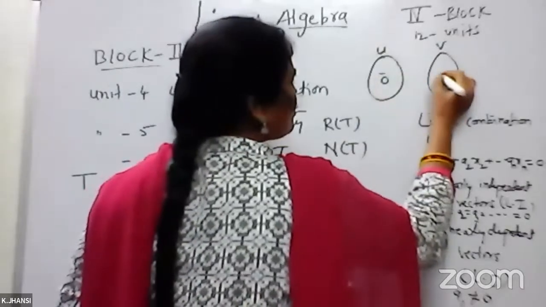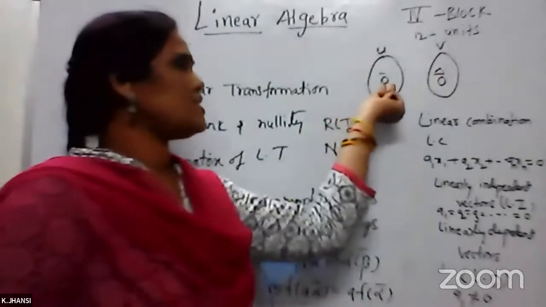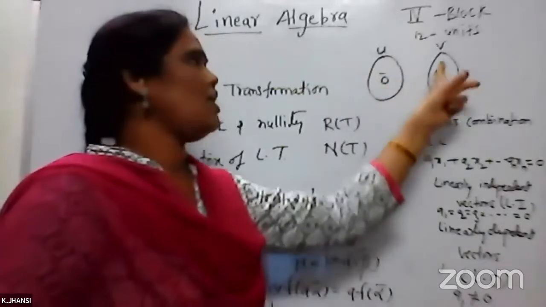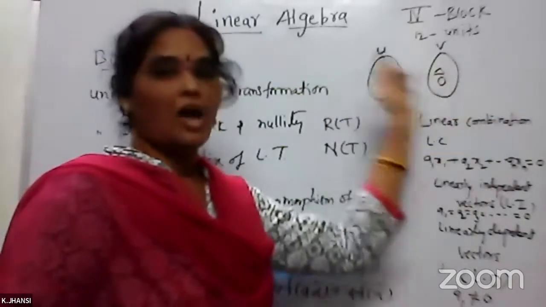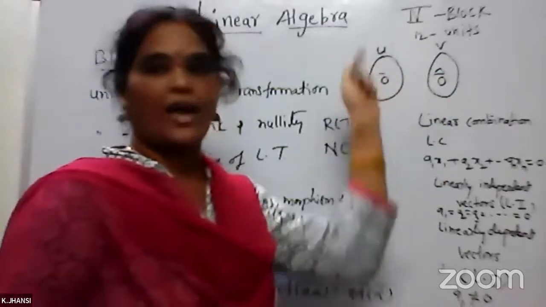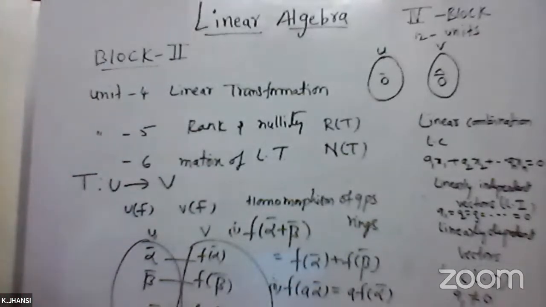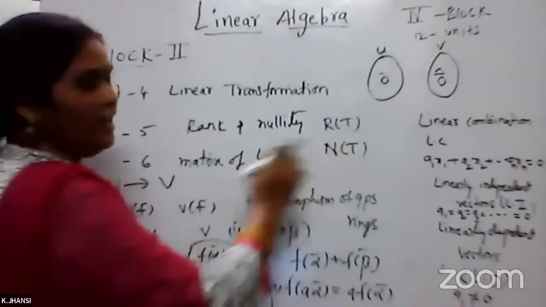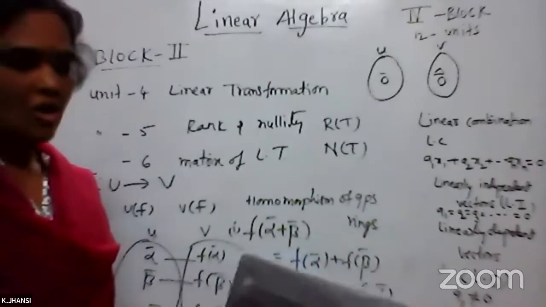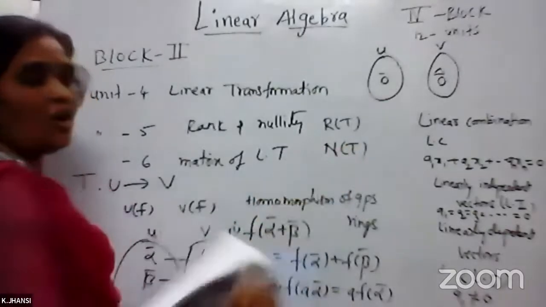If you take the zero bar and put it, that is called the zero vector. Then we call it the null space, null vector. Okay, that is represented as n of T. This zero vector is called the null vector, and it is represented as n of T.